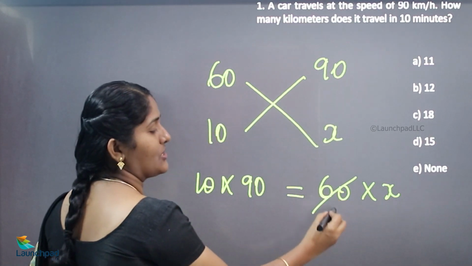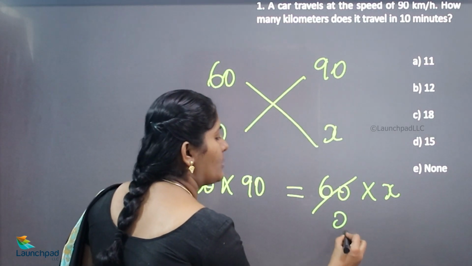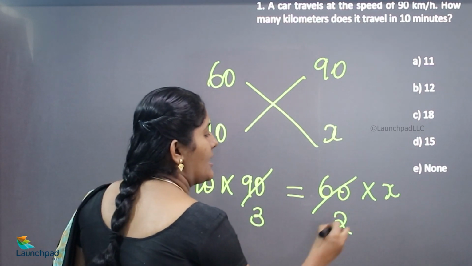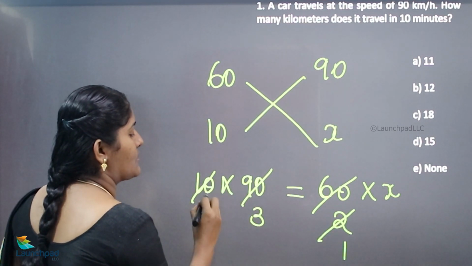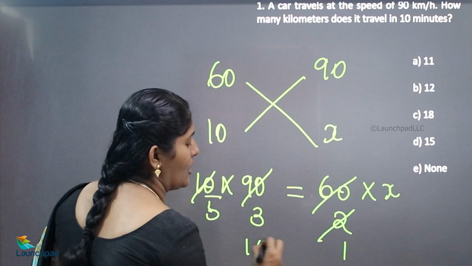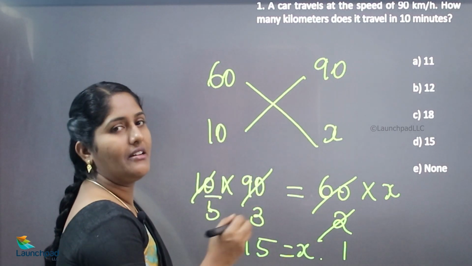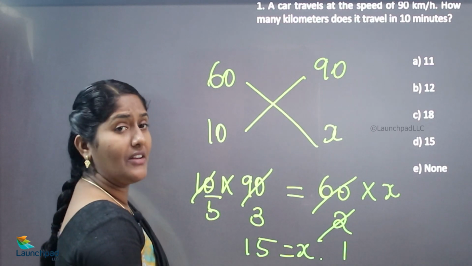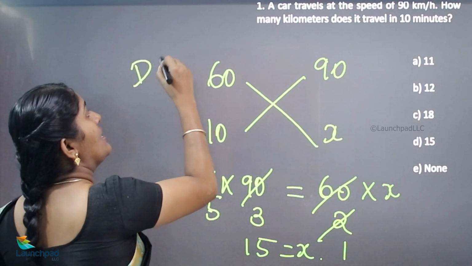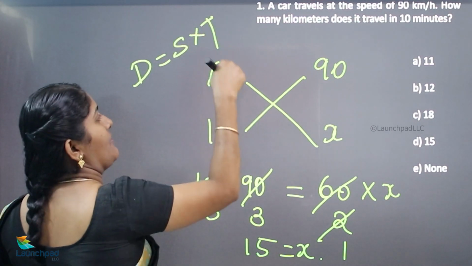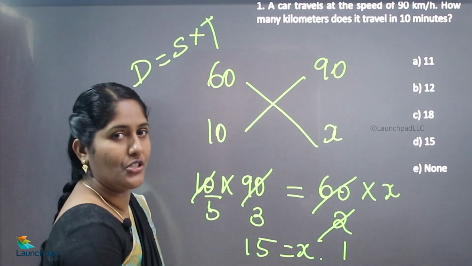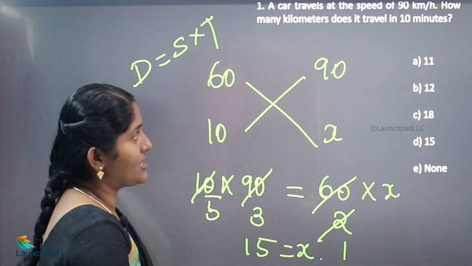We can cancel the 60 by 30, 2 times, 3 times, and 1 time, 5 times, 5 threes are 15 km. Either we can use distance is equivalent to speed into time, or we can use the direct proportional method. Okay, we'll move on to your next question.